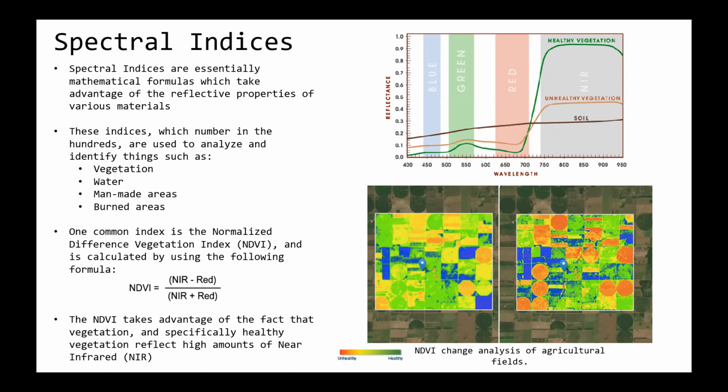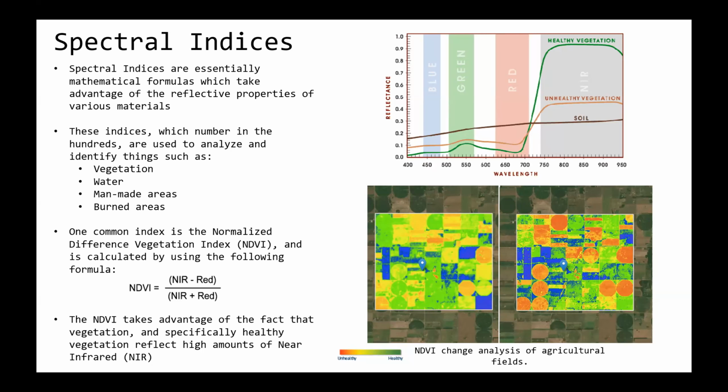What you can see in the top right here is a graph that illustrates the reflectance properties of vegetation in various bands. Those vertical strips are the wavelengths that represent the blue, green, red, and near infrared bands. On the far right is the near infrared band, and you can see healthy vegetation reflects very highly in near infrared.